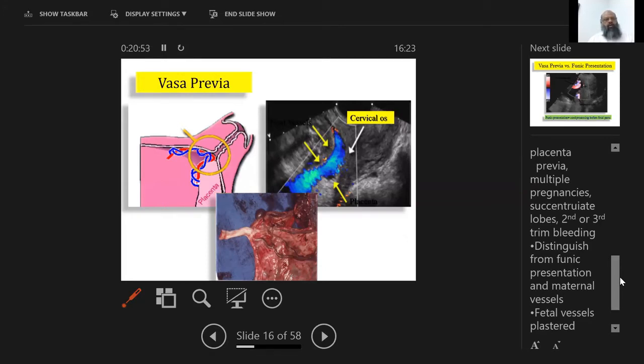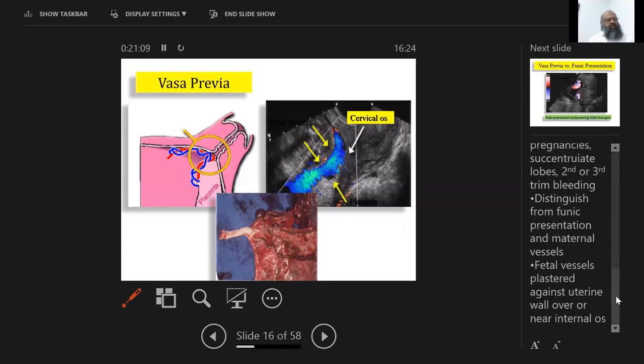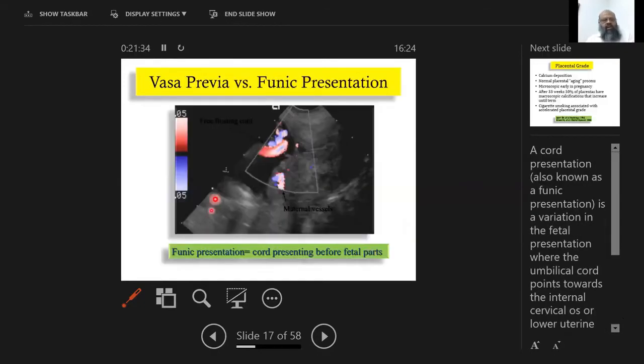This can be a cause of second or third trimester bleeding also, and we can distinguish it from funic presentation and maternal vessels. The funic presentation means when the vasa previa is there, when the vessels are presenting, we call it funic presentation, and fetal vessels which are plastered against the uterine wall over or near the internal os, like we can see, it is along the wall, and you can see the vasa previa.